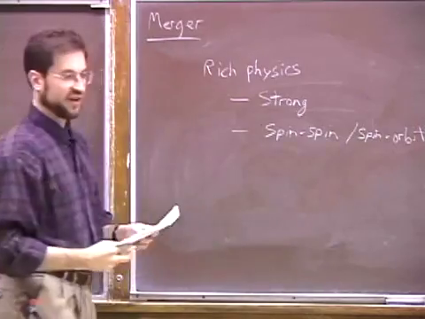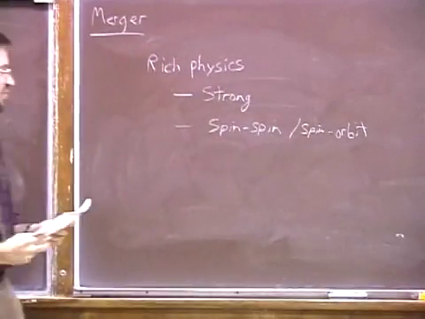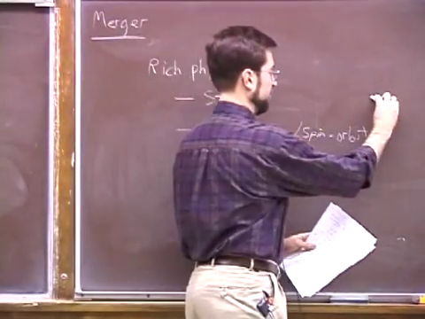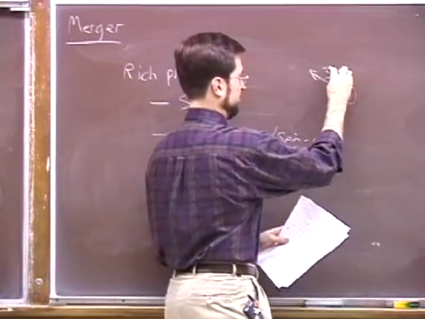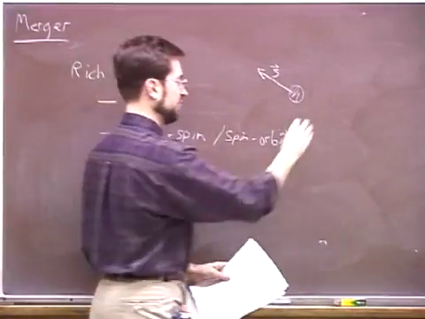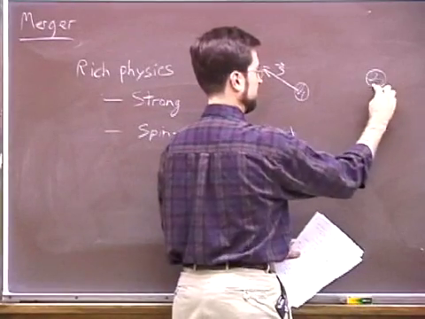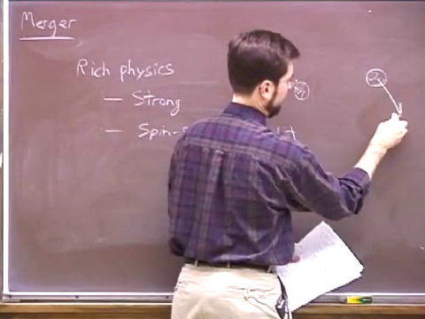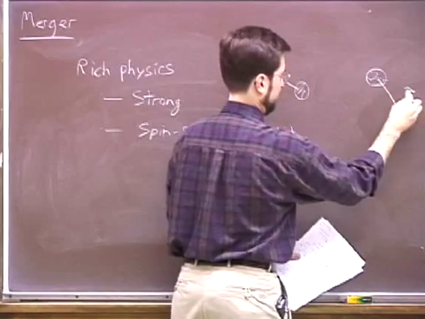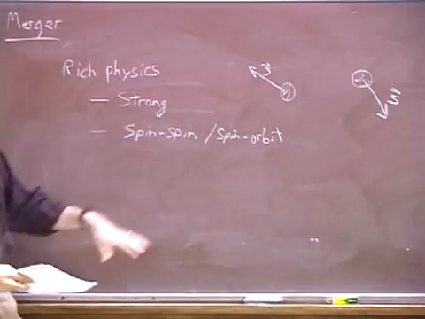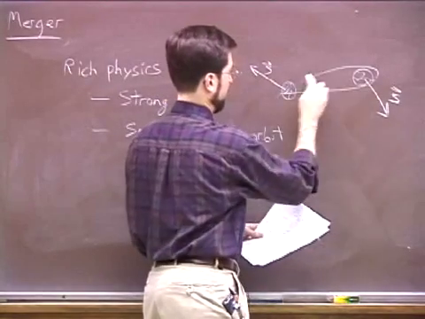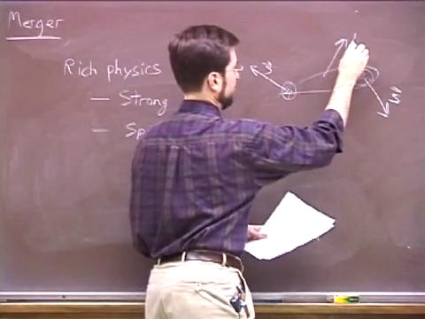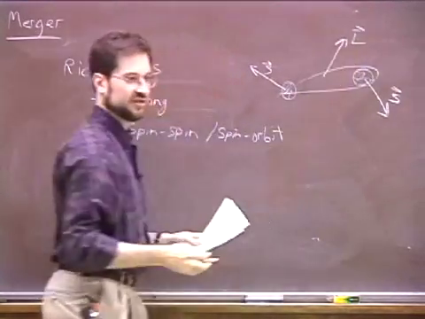So what I mean by that is that these black holes are going to have some spin angular momentum, and these spins are probably going to be in funny directions, and they're probably not going to be initially aligned with the orbital angular momentum of the system.